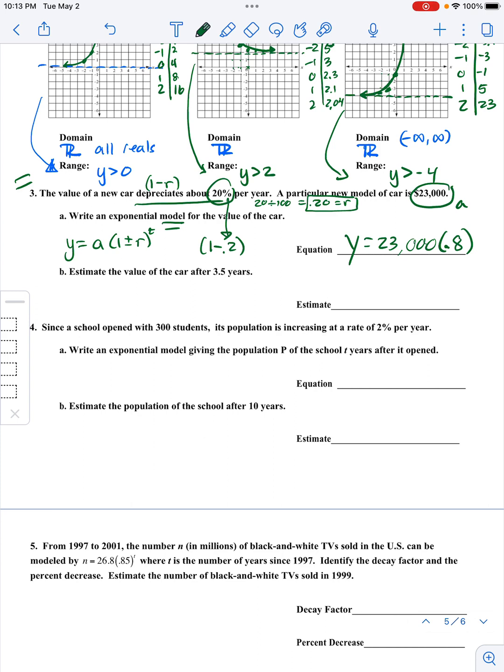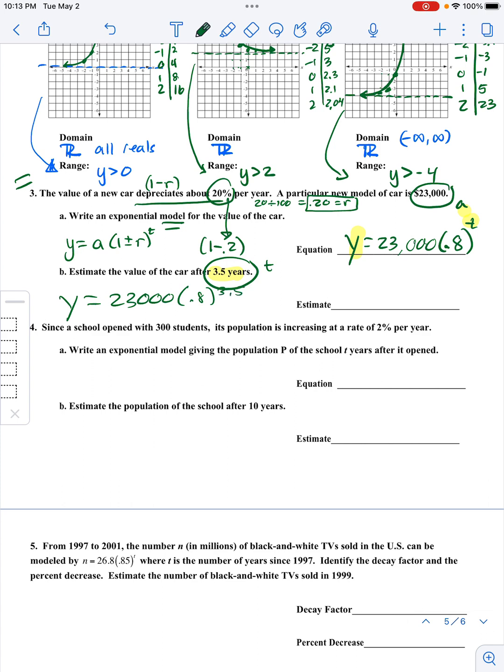Okay. And then that's going to be to the T power, because the model doesn't give me a Y and it doesn't give me a T. Those are going to be for me to figure out later. Like right now, where it says 3.5 years, estimate the value. So that's my T. So I just take my equation, my model, my formula, whatever you want to call it, and I go ahead and put in my 3.5 years as a power.